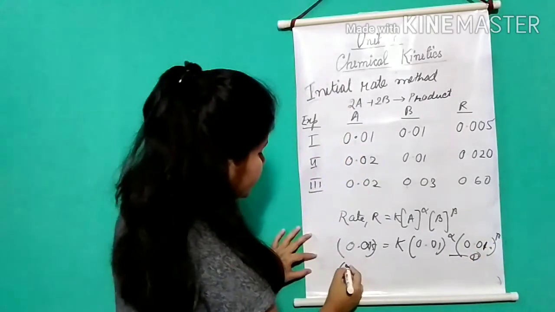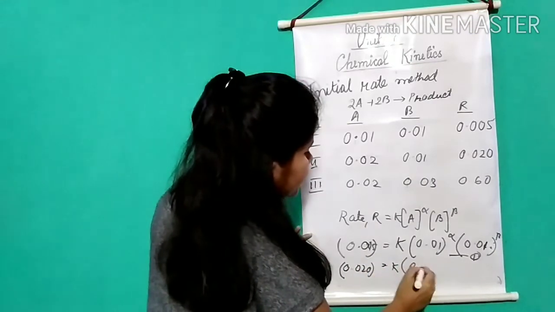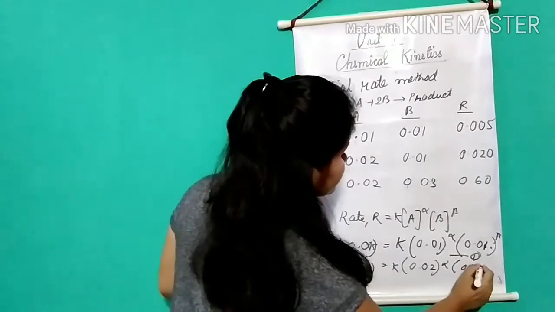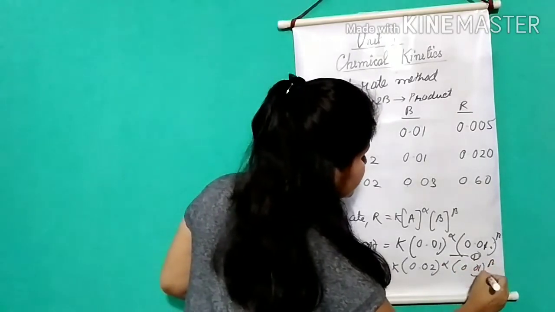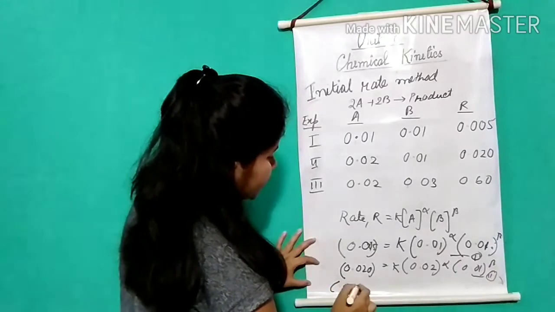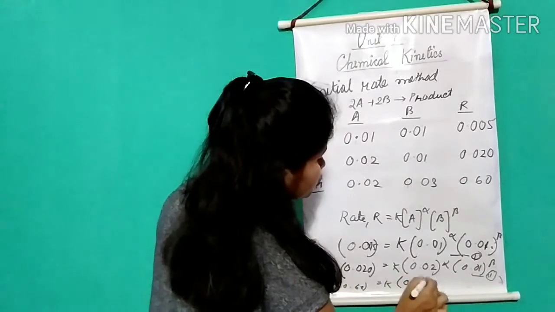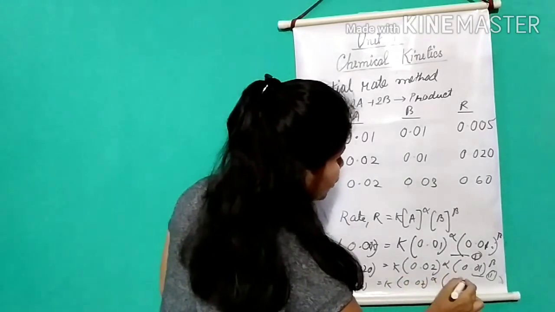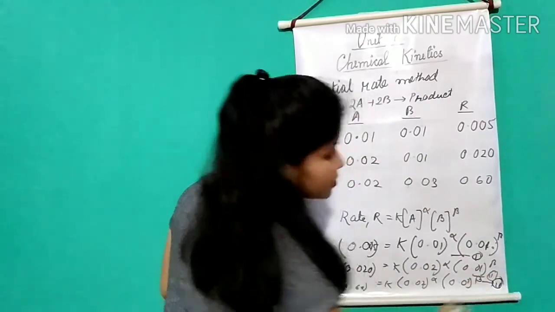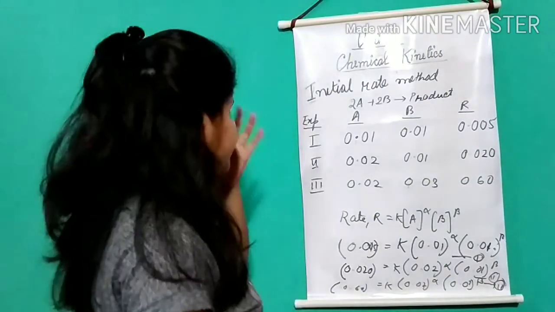Next will be 0.020 equals K into 0.02 to the power alpha and 0.01 to the power beta. So this will be equation number 2, and equation number 3 will be 0.60 equals K into 0.02 to the power alpha and 0.03 to the power beta. So these are the three overall rate reactions.